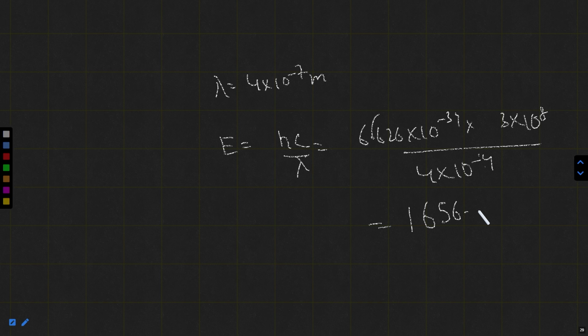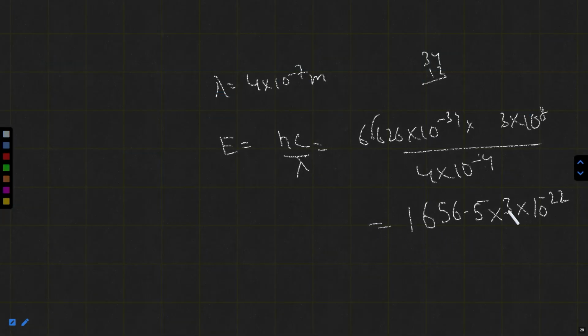This much multiplied by 3, and the powers: 8 and 4, 12. 12 minus 34, so 34 minus 12, 22, and the power comes out to minus 19. So this much is the energy.